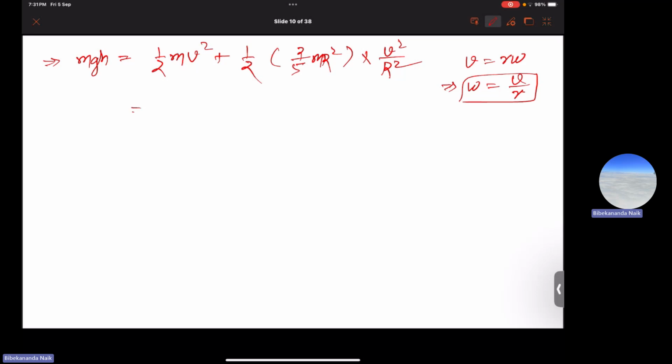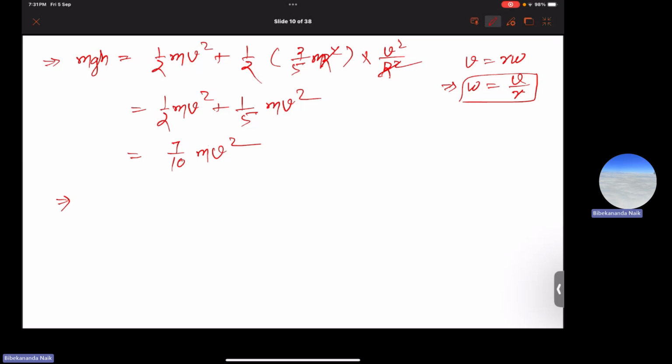Now it is half mv square plus 1 by 5 mv square, as r square gets cancelled out. So it becomes 7 by 10 mv square.